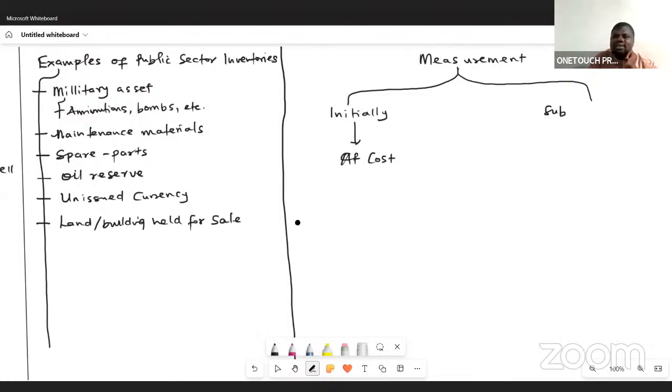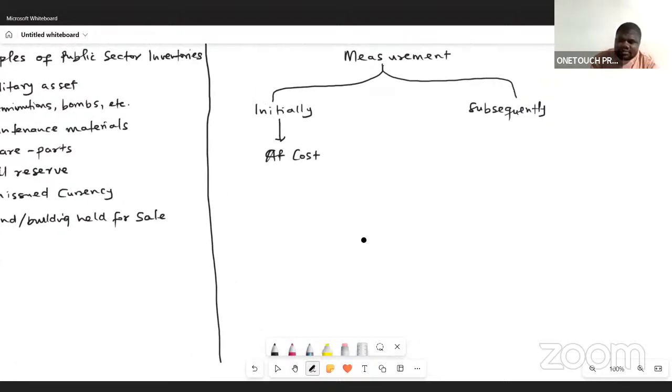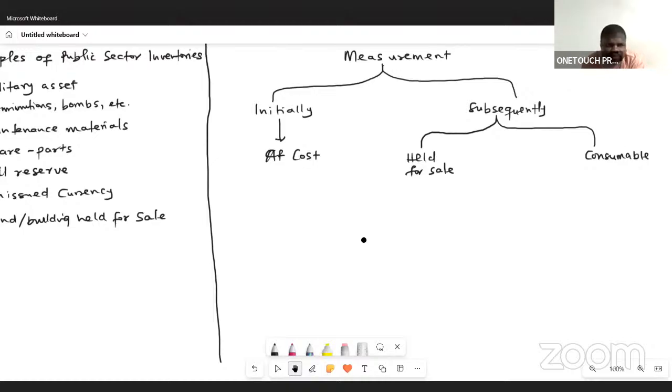Then subsequently, it will depend on whether the inventory is held for sale or a consumable. Or it is a donated inventory.